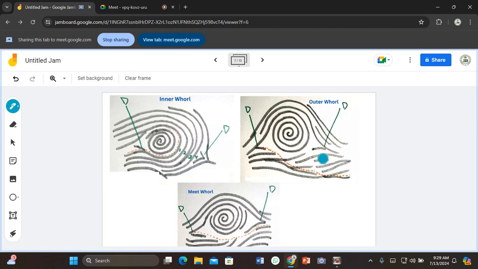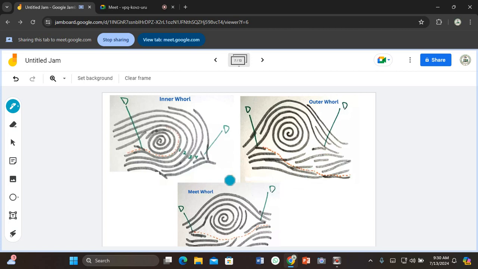So 1, 2, 3, 4. This is 4 ridges. So what you have here is outer whorl, denoted by O.